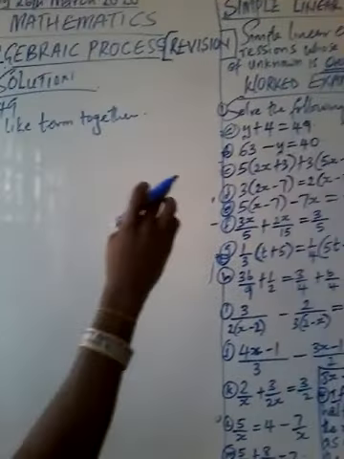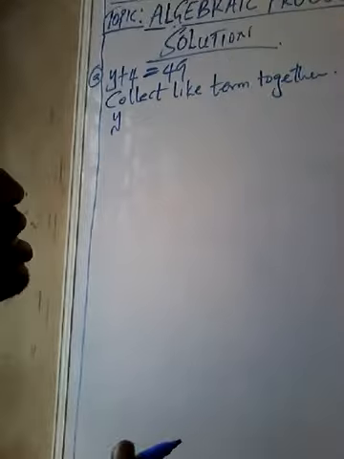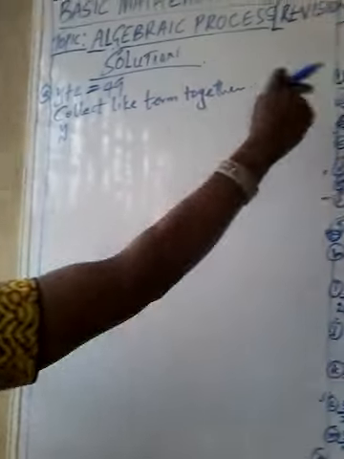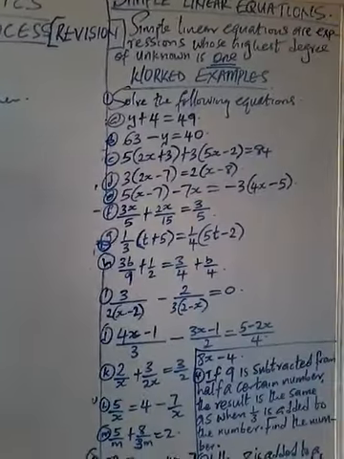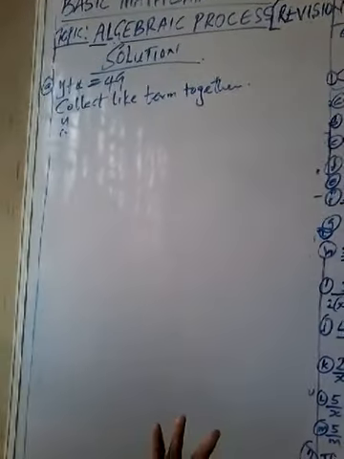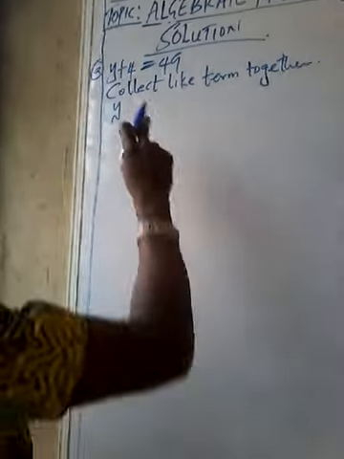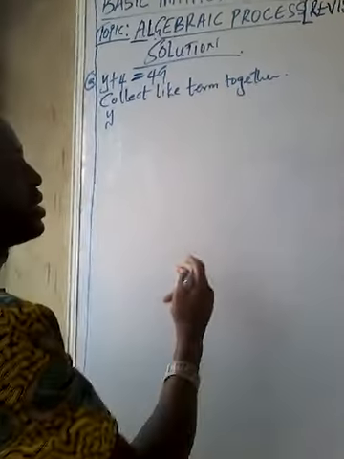Now, to the solution of the examples that we have, the first, letter A, says y plus 4 is equal to 49. This is the simplest case of algebra that you can have. The simple English is: collect like terms together.